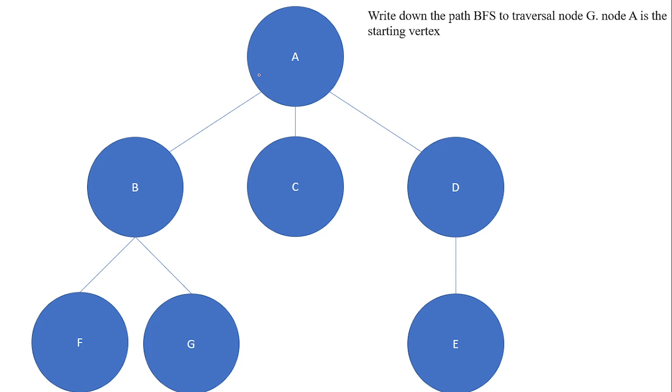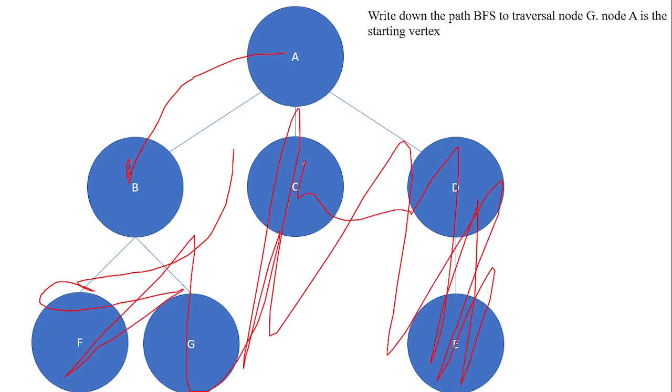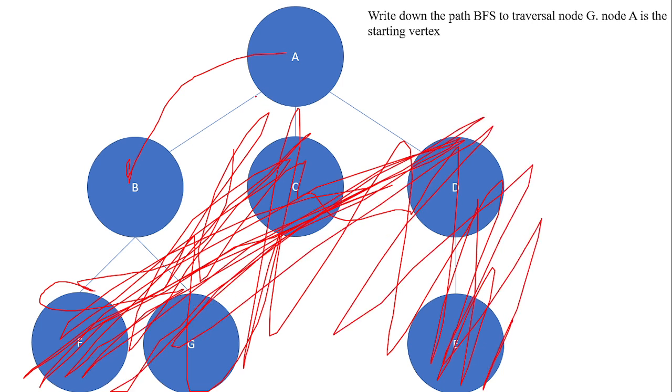Once you go to B, the computer has no idea. You can see these nodes, but the computer can't see anything. The computer can see the adjacent node only. It moves to the next node, and if it is not there, then it goes back and finds the next one.